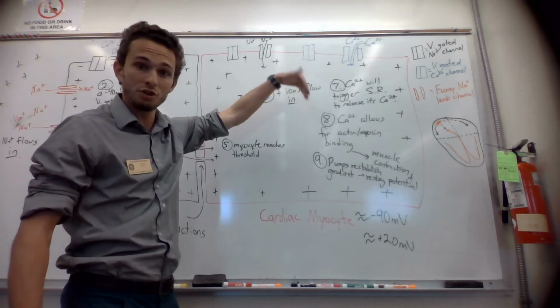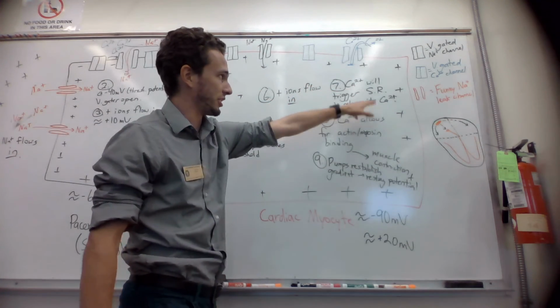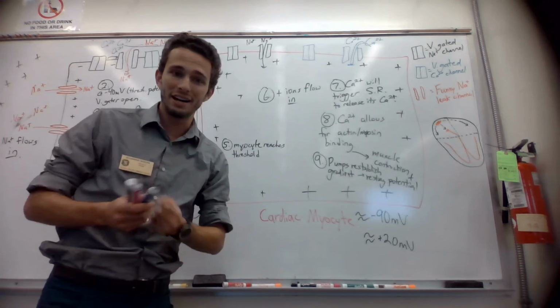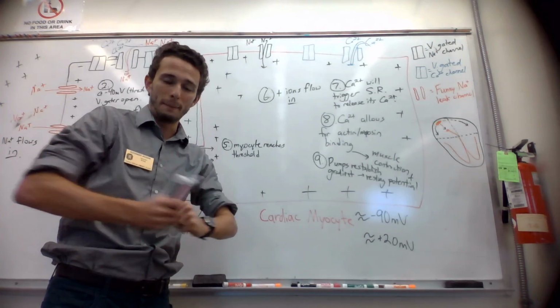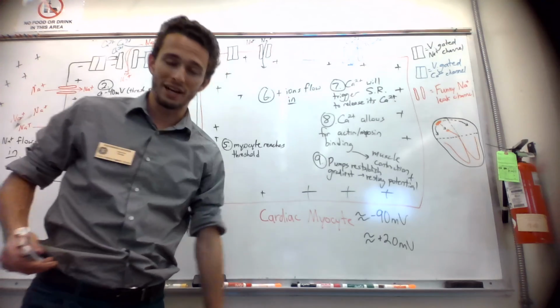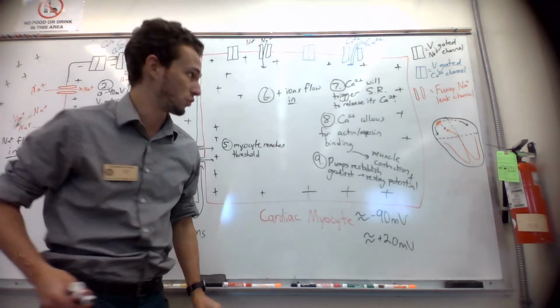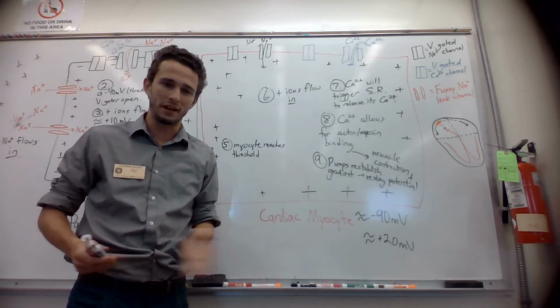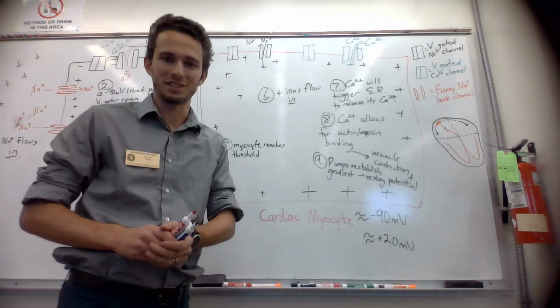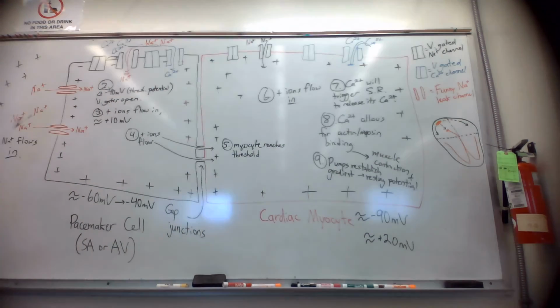Those ions will flow in, trigger calcium-induced calcium release from the sarcoplasmic reticulum, bind to that troponin head, pull it apart, and then actin and myosin can do their work and contract, and then pumps will finally reestablish the gradient once again. So I'll step to the side, I'm going to screenshot this, it's a very helpful diagram.